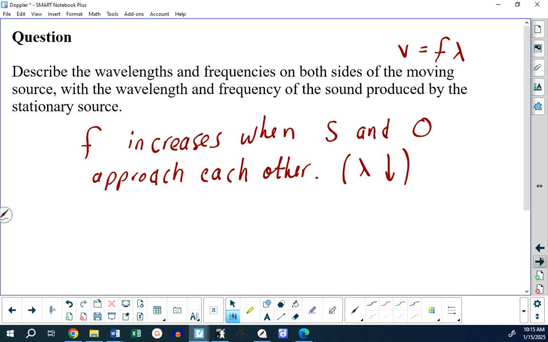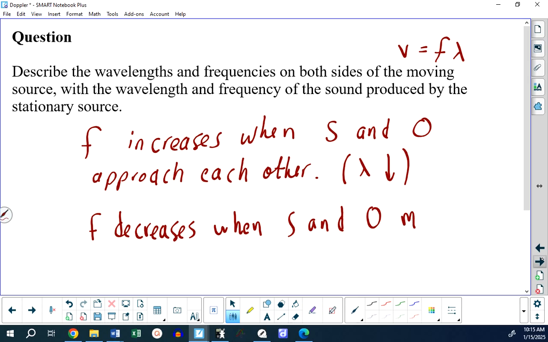When you have a sound wave go by you and detected by your eardrum, you don't sense a certain wavelength. You hear a frequency. And the opposite is true. The frequency will decrease when S and O move away from each other.